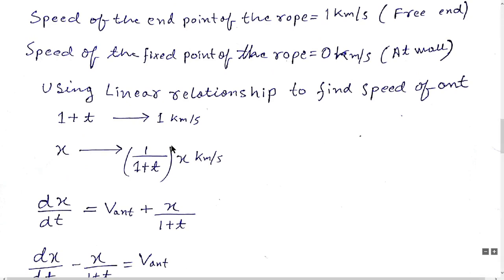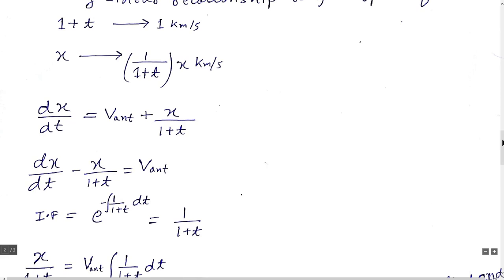So at a distance of 1 plus t, the speed is 1 kilometer per second, and at a distance x, by using the linear relationship, the point is moving with a velocity x upon 1 plus t kilometers per second. So dx by dt is the velocity of the ant.